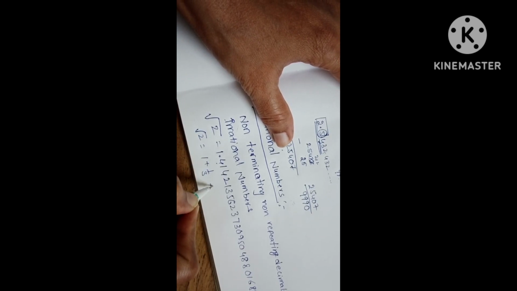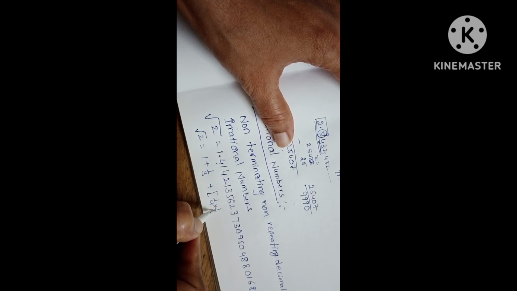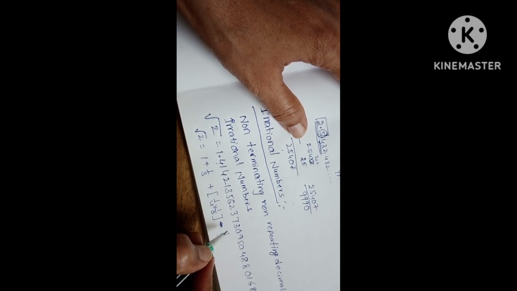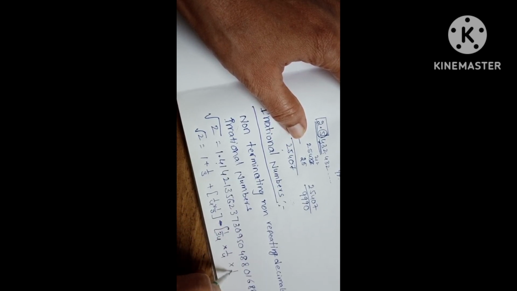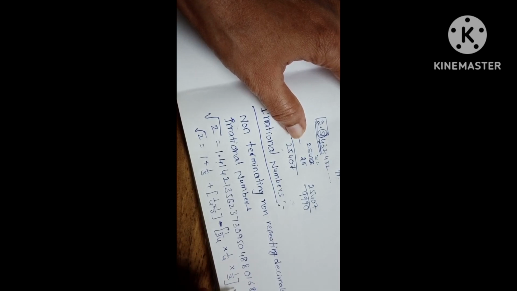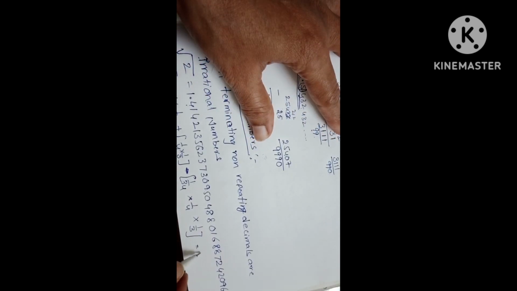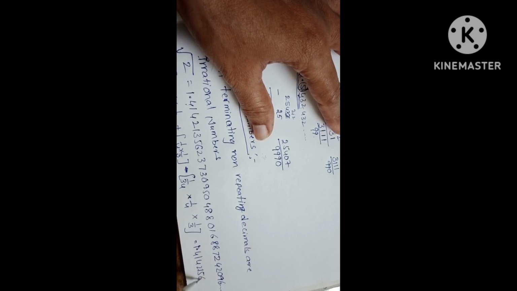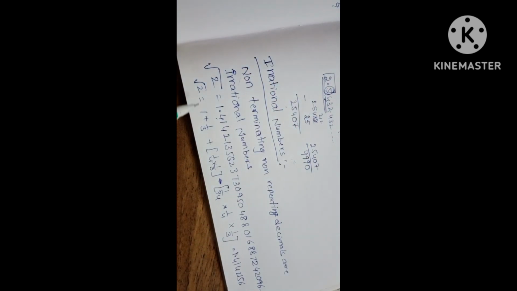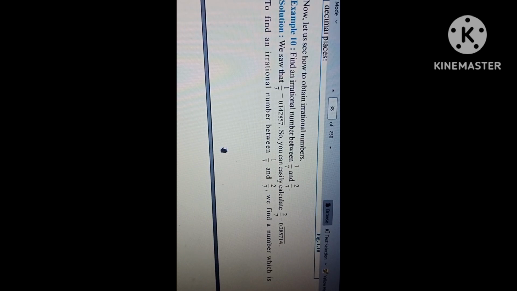Root 2 equals 1 plus 1 by 3 plus 1 by 4 into 1 by 3 minus 1 by 34 into 1 by 4 into 1 by 3. This is the approximate value 1.4142156. So using this method we can find the approximate value of root 2.